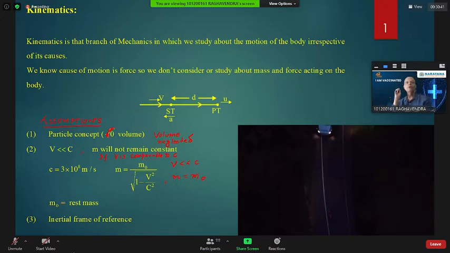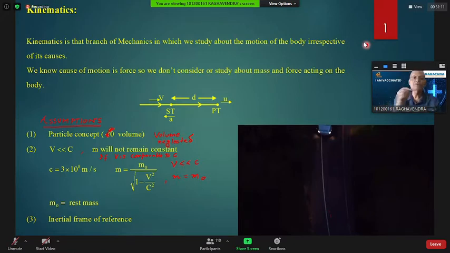I hope you understood that. Kinematics is that branch in which we study only the motion of the body. We are not considering the cause at all. The cause of motion is force, so we will not study force, and we will not study mass. Clear to you?